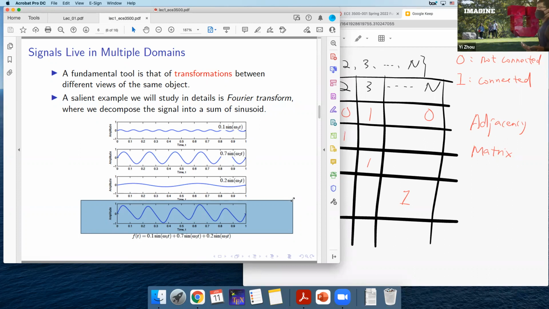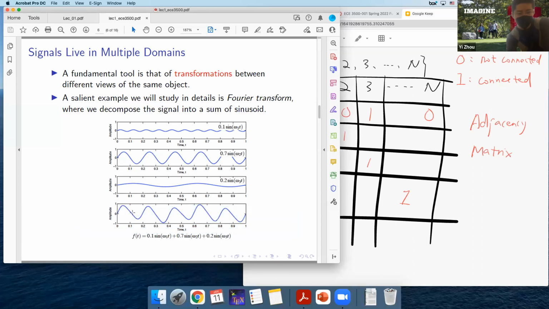There are multiple ways that we can look at this signal. The first, a very standard way, is to look at the signal in the time domain, so that from this figure, we know at a certain time what the amplitude of this signal is. That is one way of looking at it. But many signals look like sinusoidal waves, with a lot of fluctuations.